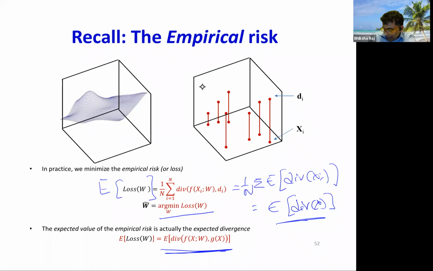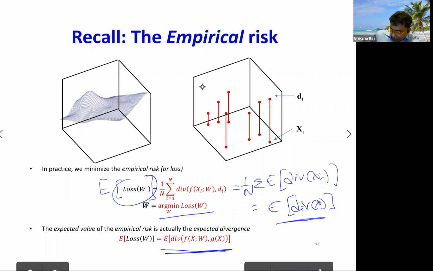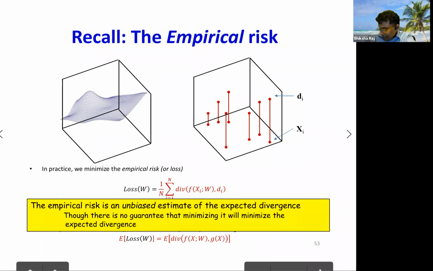So we saw that this empirical risk is an unbiased estimate of the expected divergence, which is why we try to minimize the empirical risk, although there is no guarantee that minimizing it will minimize the expected divergence, right? Just because this is an unbiased estimate for this doesn't mean that minimizing this will minimize the second term.